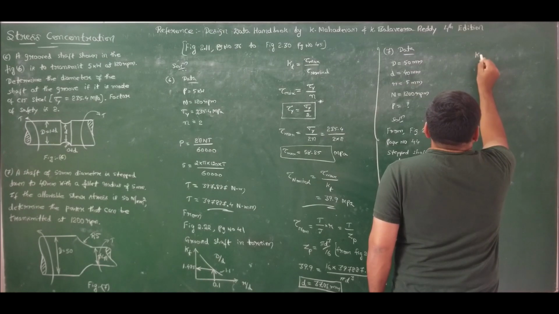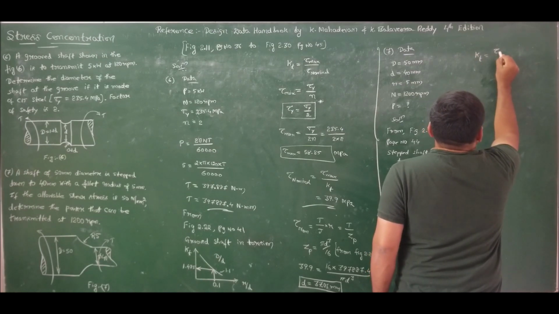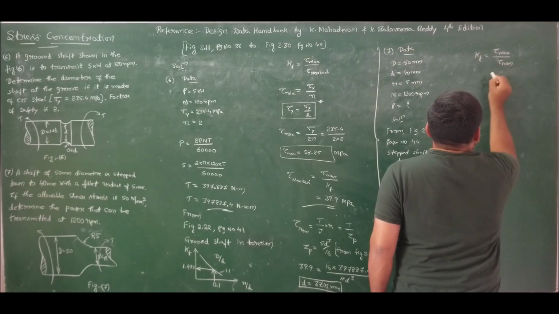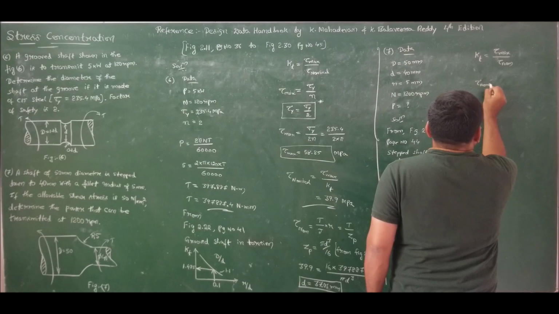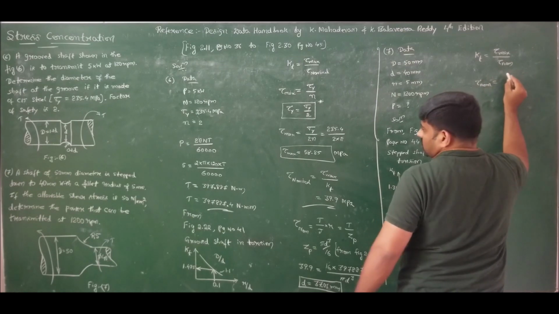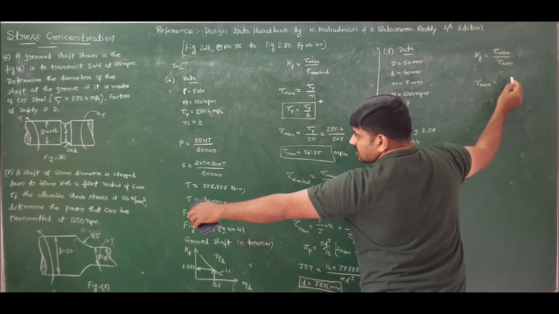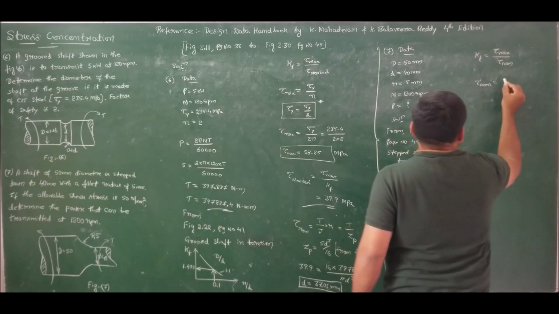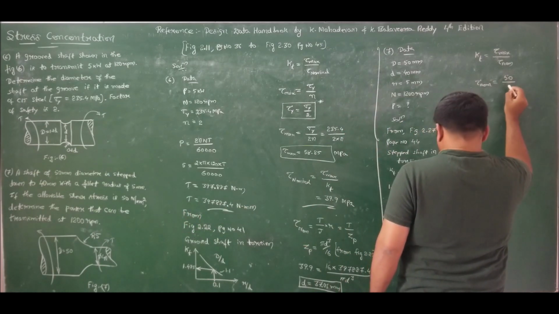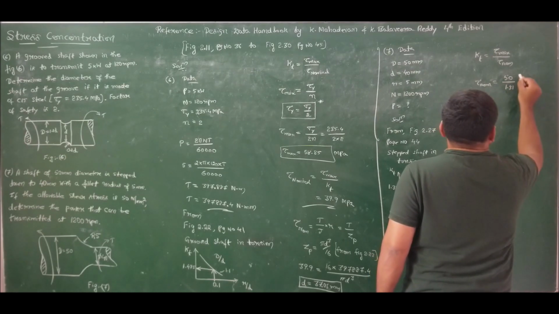So now as usual we can solve. We have found Kt. Kt is tau max by tau nominal. Tau max is known, it is data, the maximum allowable stress specified as 50 megapascals.